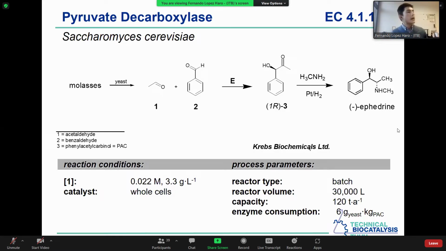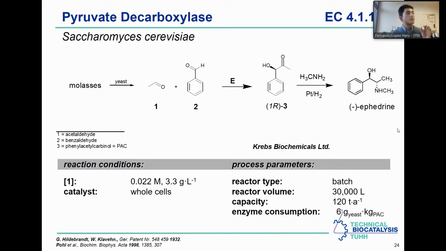Correct. So we use pyruvate decarboxylase in the following manner. We start with molasses, which is a combination of saccharides, it is sugars, and we allow yeast to break down those sugars. The breakdown of those sugars yields precisely, I just said it, acetaldehyde.